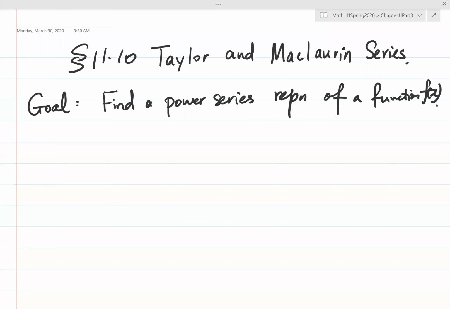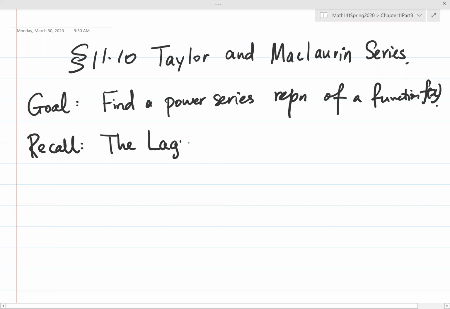Remember, we have the Lagrange mean value theorem. It says the following.